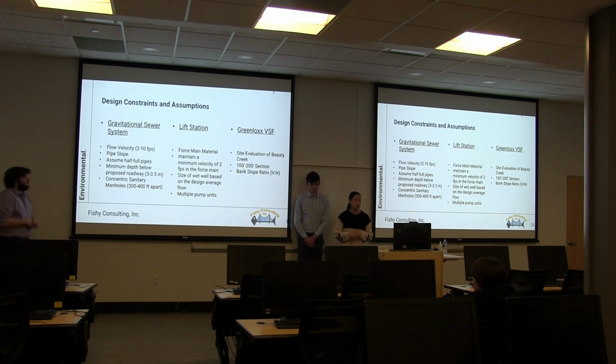For the pipes, as I said before, this gravitational sewer system will be made of concrete pipes, so they should be kept at a pipe flow velocity between 2 and 10 feet per second. To ensure that this remains in the proper velocity range, the pipe slope will need to be a minimum of about 1%, and this was calculated using Manning's equation, which is for open channel partial flow pipes.